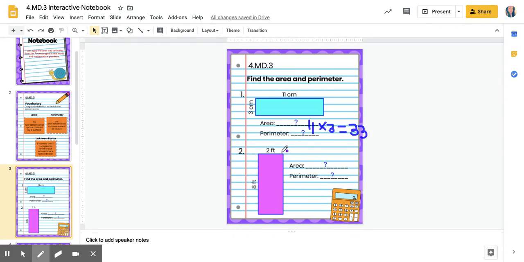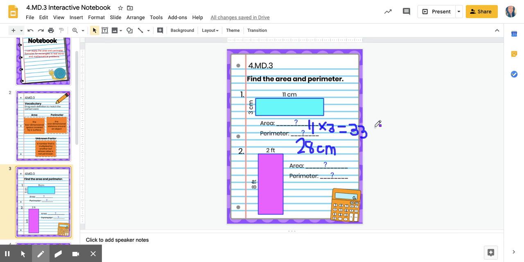And for the perimeter, we are going to add 11 plus 11, which is 22, because this side is 11 and this side is 11, plus 3 would give me 28. So the perimeter would be 28, and the unit is centimeters.